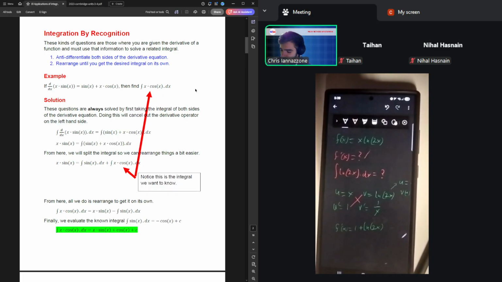Where we're going to progress from here. We have derivative information, and we have an integral that has very similar terms in it to that derivative.